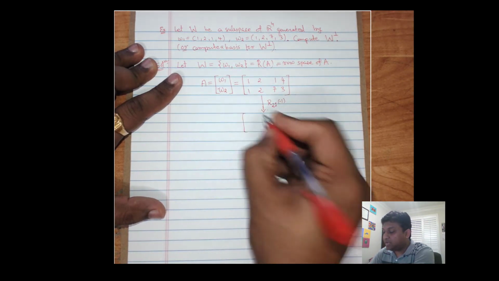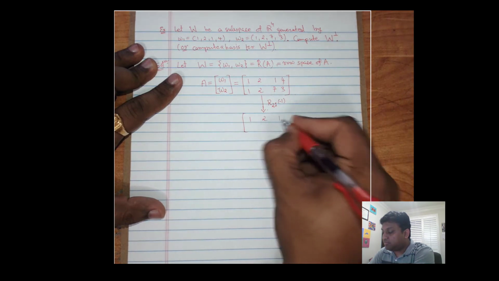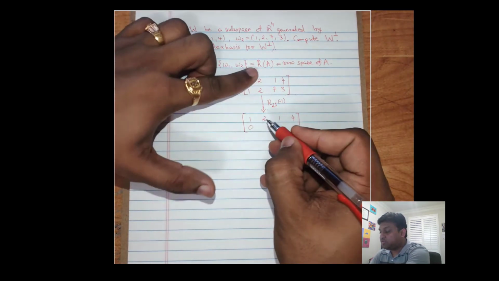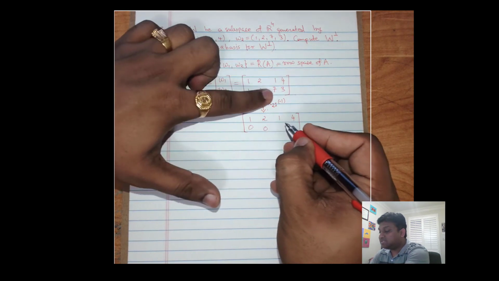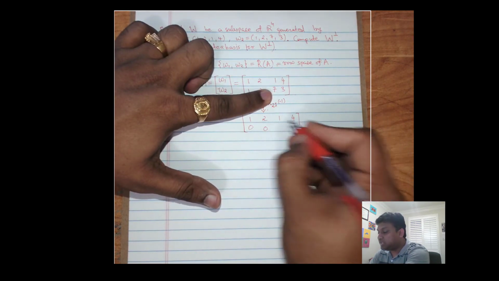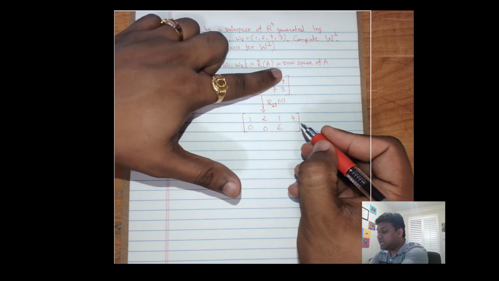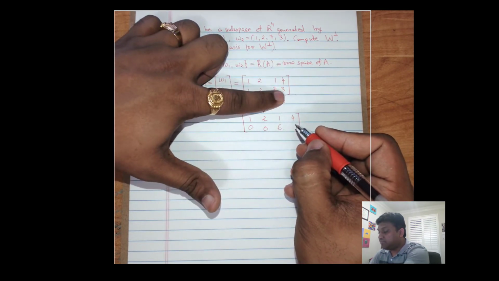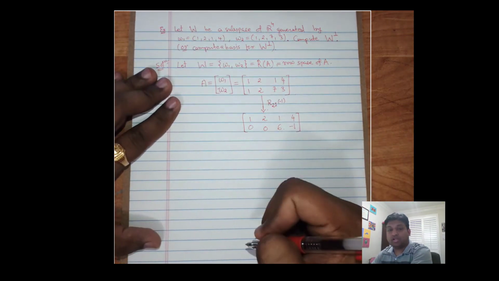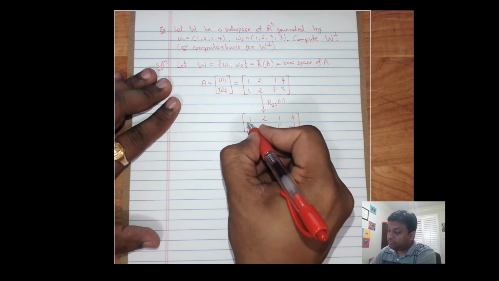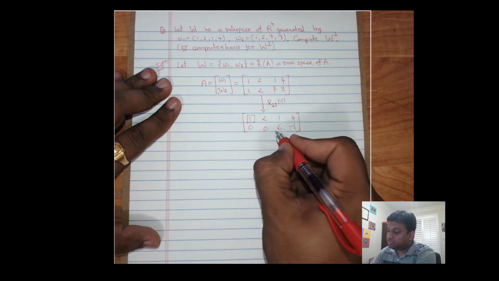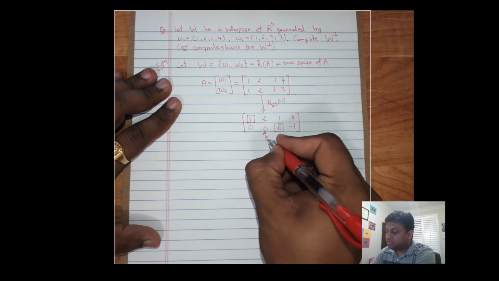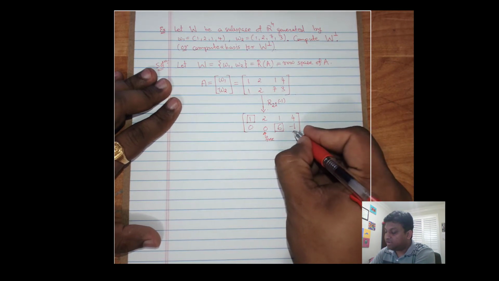I end up getting 1 2 1 4, then -1 plus 1 is 0, -2 plus 2 is 0, -1 plus 7 is 6, and -4 plus 3 is -1. Looks like we have a pivot in the first column and third column, meaning x2 is a free variable and x4 is a free variable.